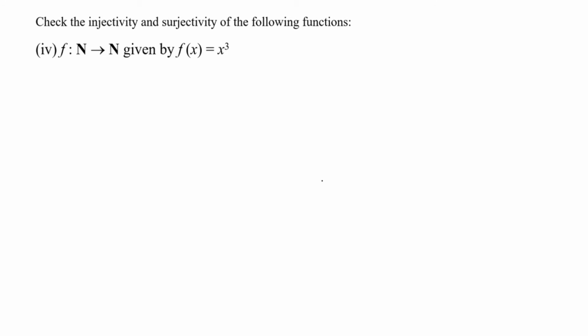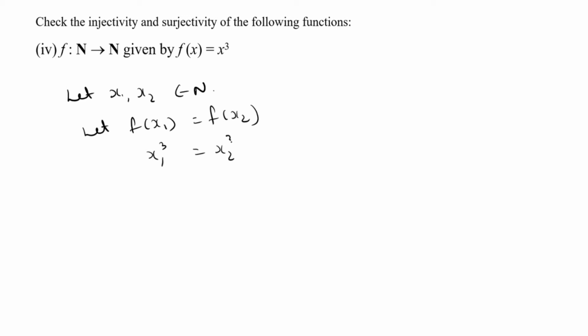Next question, the function f from the set N of natural numbers to the set N of natural numbers given by f of x is equal to x cube. So here you can see that the function f is one to one because let us take x1, x2 belongs to N and let f of x1 equal to f of x2, then x1 cube is equal to x2 cube.